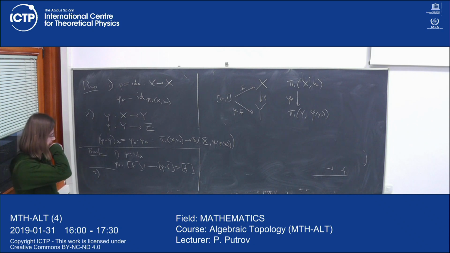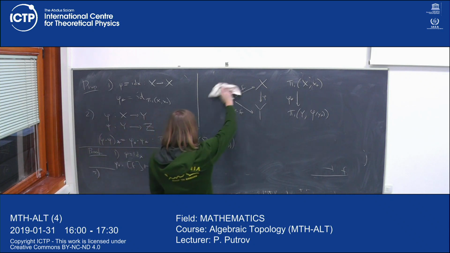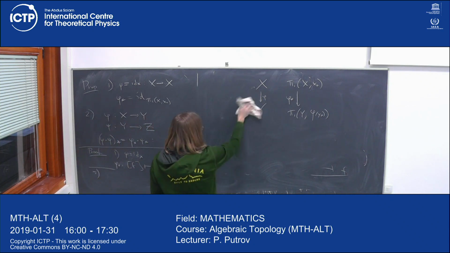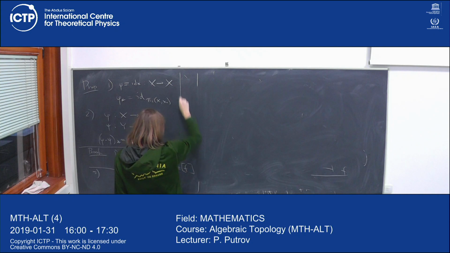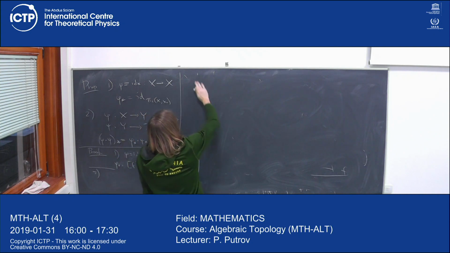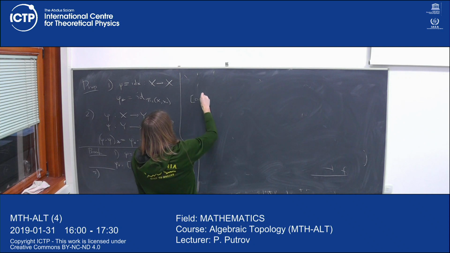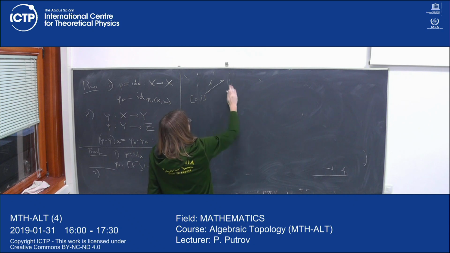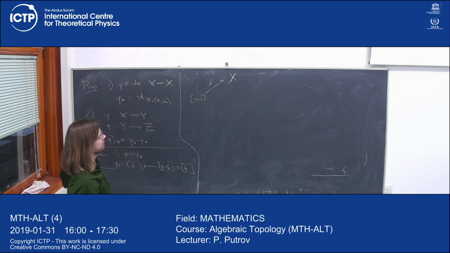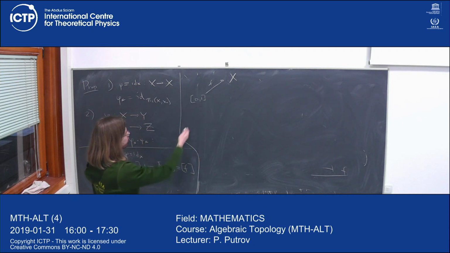Now the second property. Let me do a diagram. Suppose we have some path f in X. By path, of course, I mean loop, so f(0) is the same as f(1).